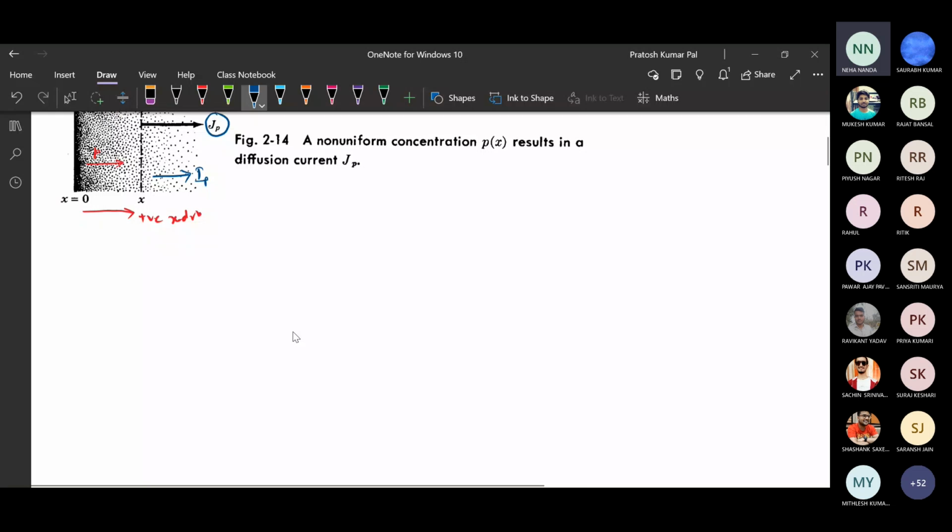Suppose this jp is the diffusion hole current density. This is current density, so its unit will be ampere per meter square, the current flowing per unit area.